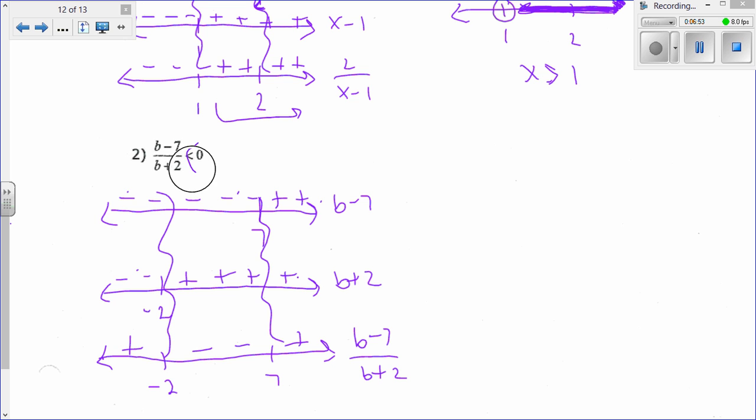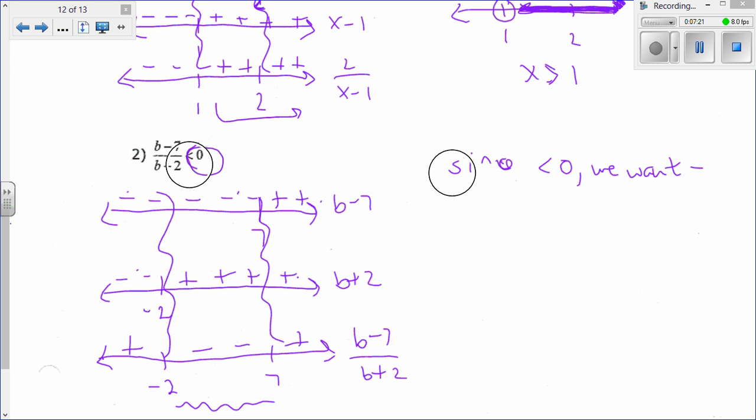In this case, I want everything less than 0. So since it's less than 0, we want the negatives this time. So if I go down and look, my negatives fall here.